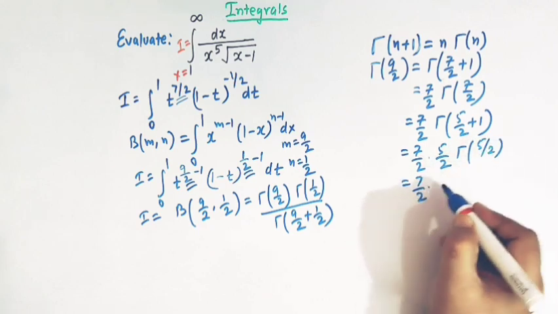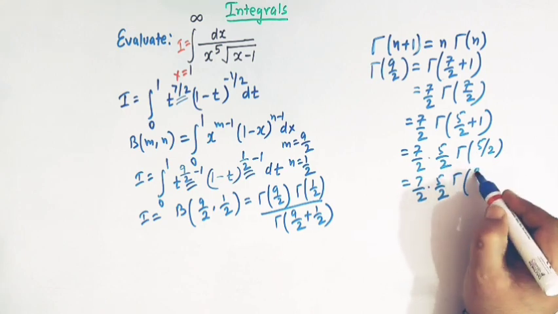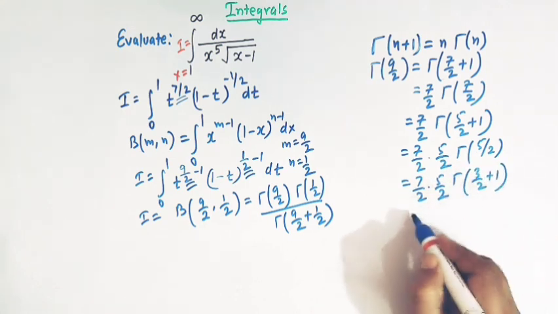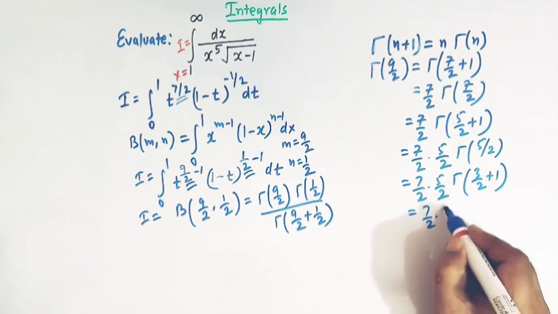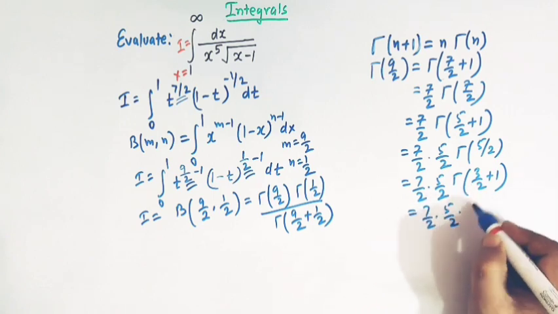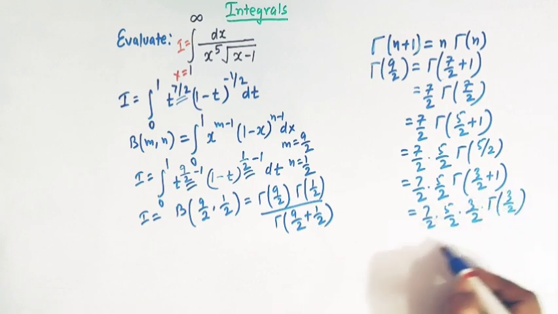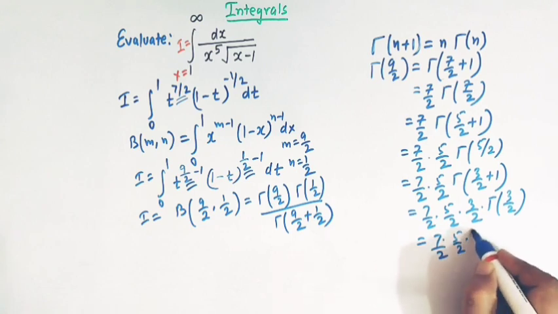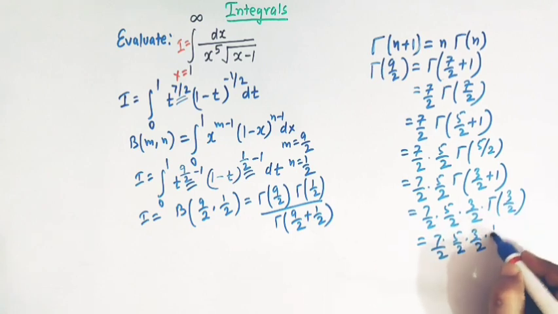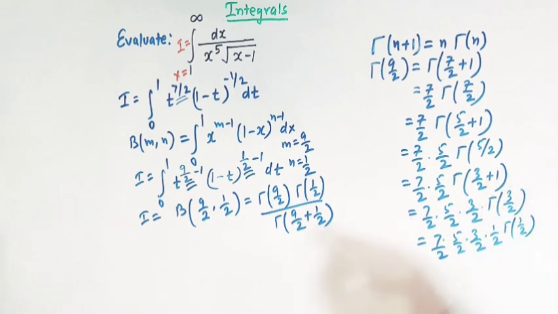Again, we can write gamma of 3 by 2 plus 1, and we can write 7 by 2 times 5 by 2 times 3 by 2 times gamma of 3 by 2, and we can now write 7 by 2, 5 by 2, 3 by 2, and here we have half times gamma of half, right? Because 3 by 2 can be written as half plus 1.